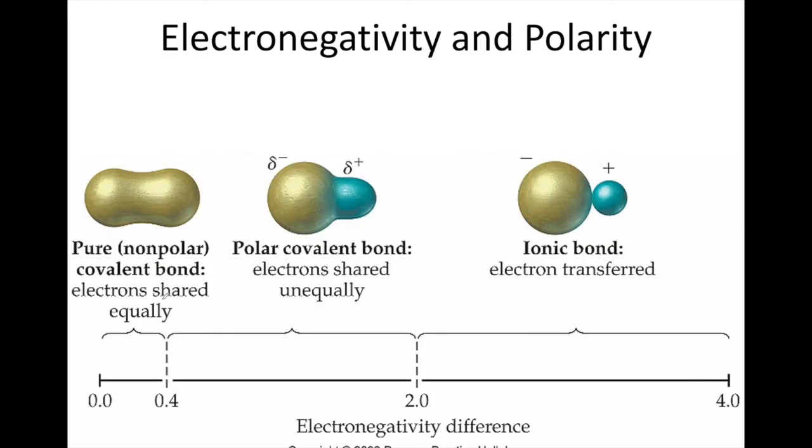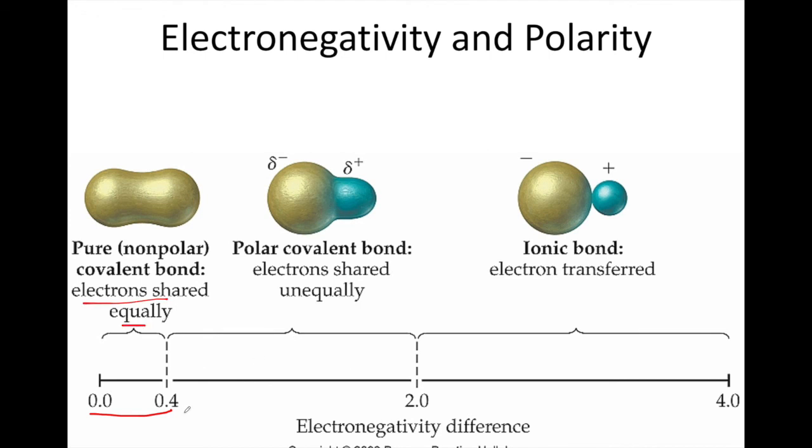So just to sum up, here we're talking about molecules with just two atoms. We can determine that they're polar or nonpolar or ionic by looking at the difference in electronegativity between the two atoms that are bonded together. If the difference is 0 to 0.4, we say those are nonpolar molecules. They have nonpolar covalent bonds, and the electrons are shared equally.